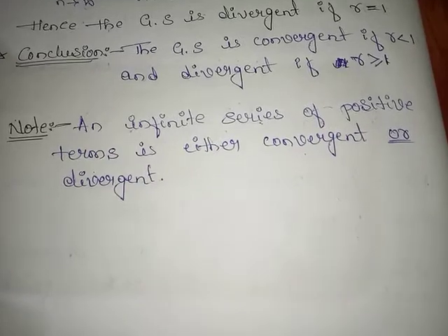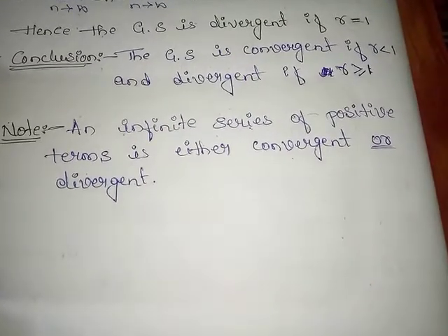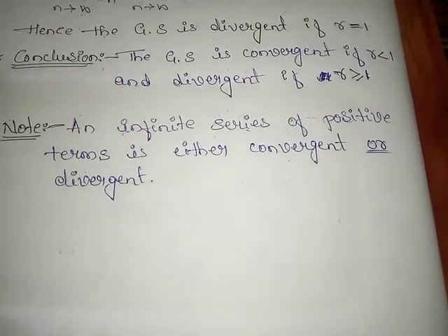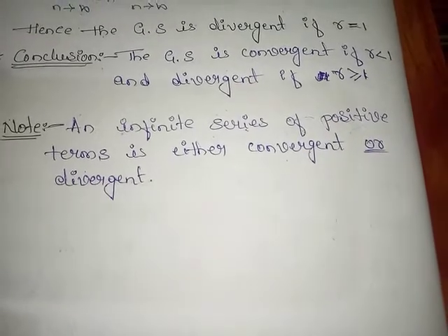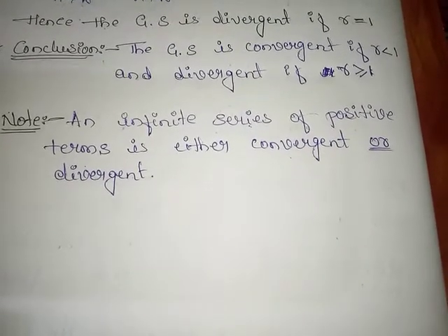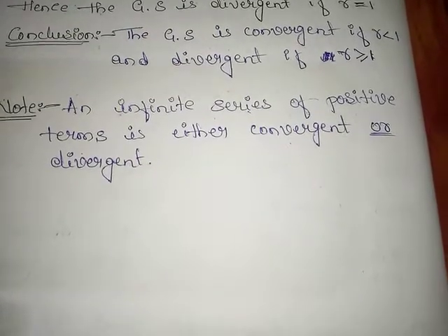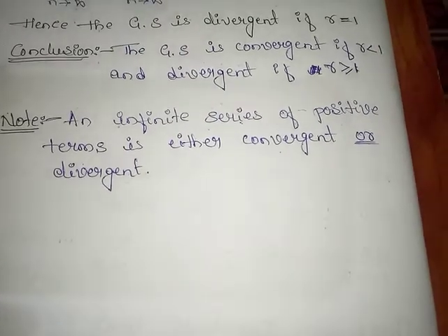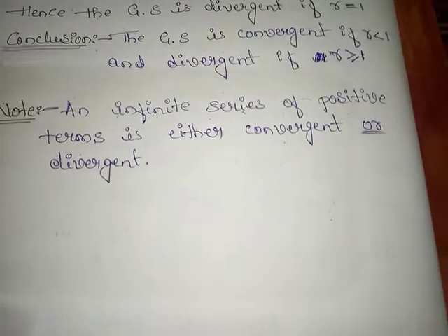And also you have to remember all these results, means results for the geometric series, when it is convergent, when it is divergent, and remember an infinite series of positive terms is either convergent or divergent.